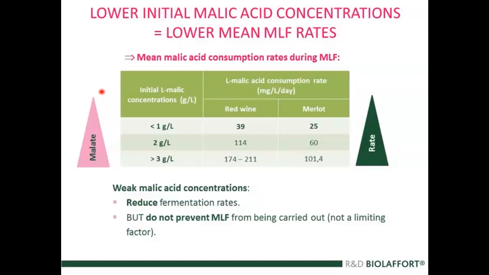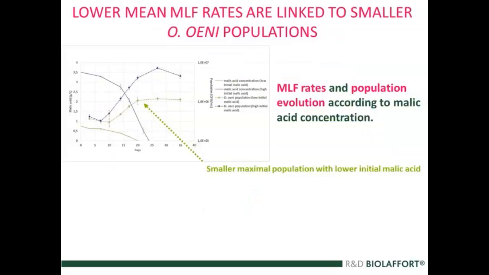We wanted to know a little more about these low rates when low malic acid concentrations were present in wine. So in one of these wines, we performed simultaneous malic acid monitoring and population evolution monitoring according to malic acid concentration.